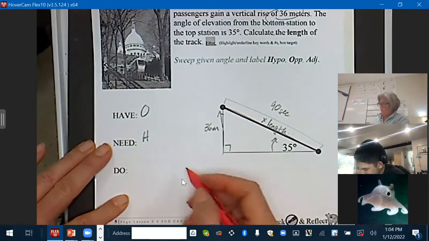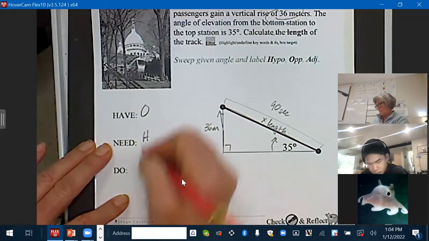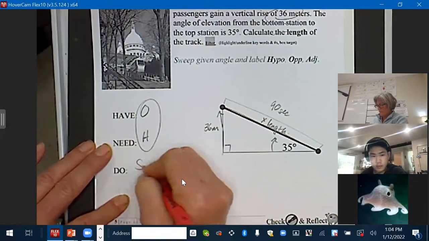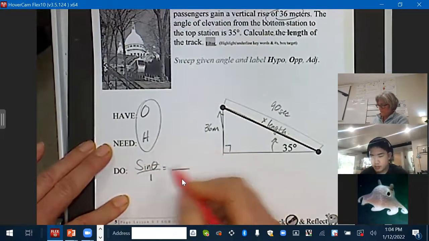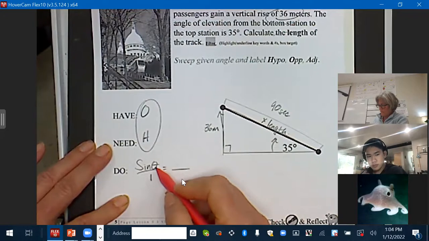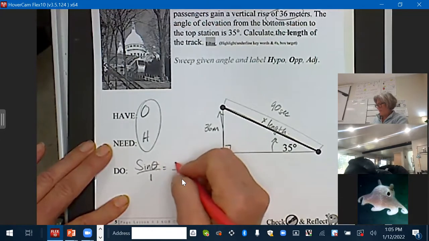So for this one, it's SOH. Sine of 35 degrees. Equation first: sine of theta over 1 equals opposite over hypotenuse.